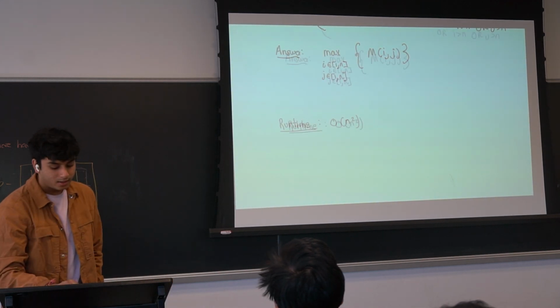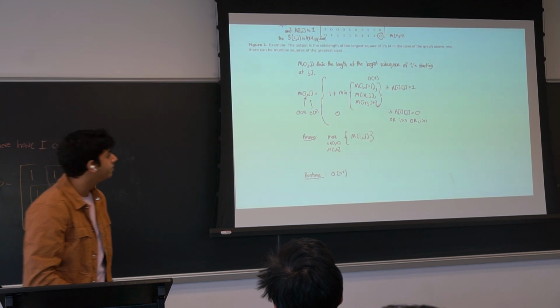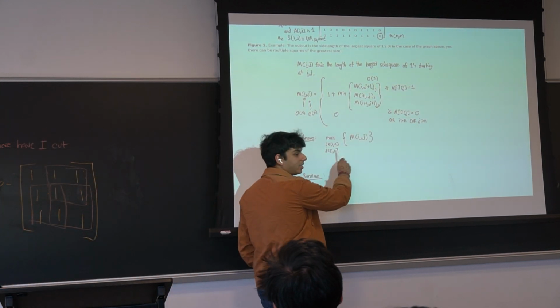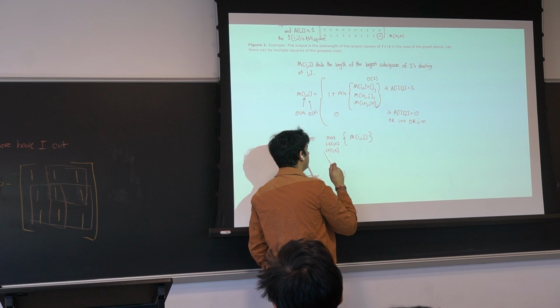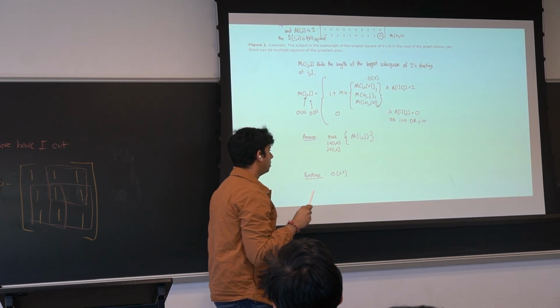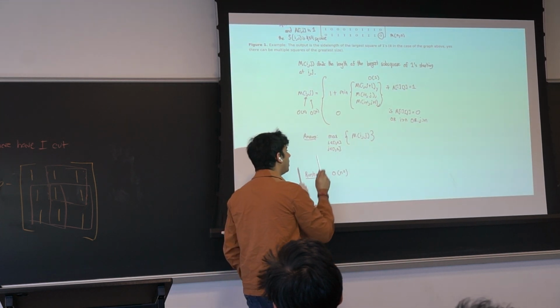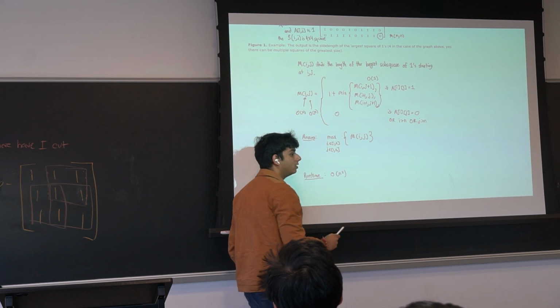But I said I was taking the maximum over all of these elements. So am I actually going to make n squared calls to an n squared function?